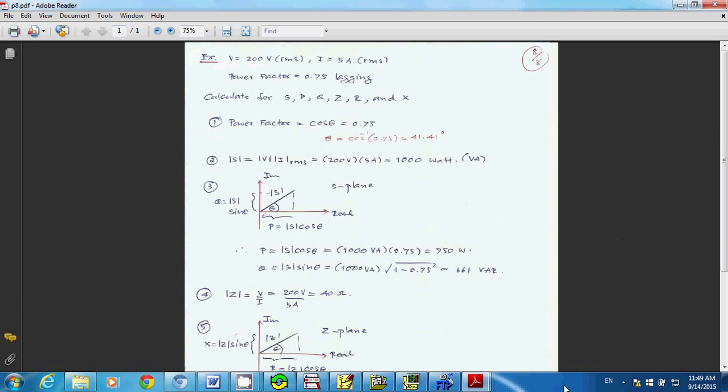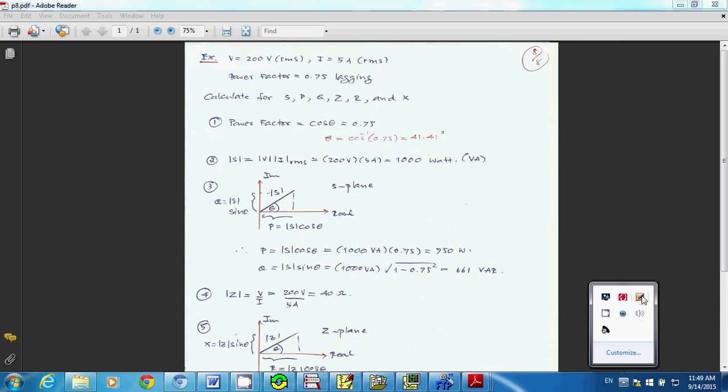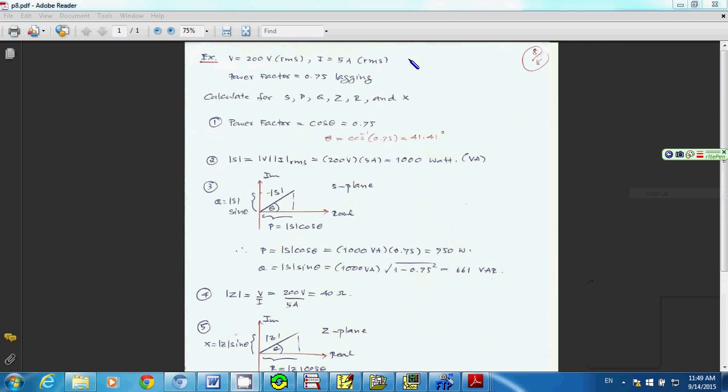Well, take a look at an example here. You have voltage in terms of RMS is 200 volts, and the current is 5 amps RMS.